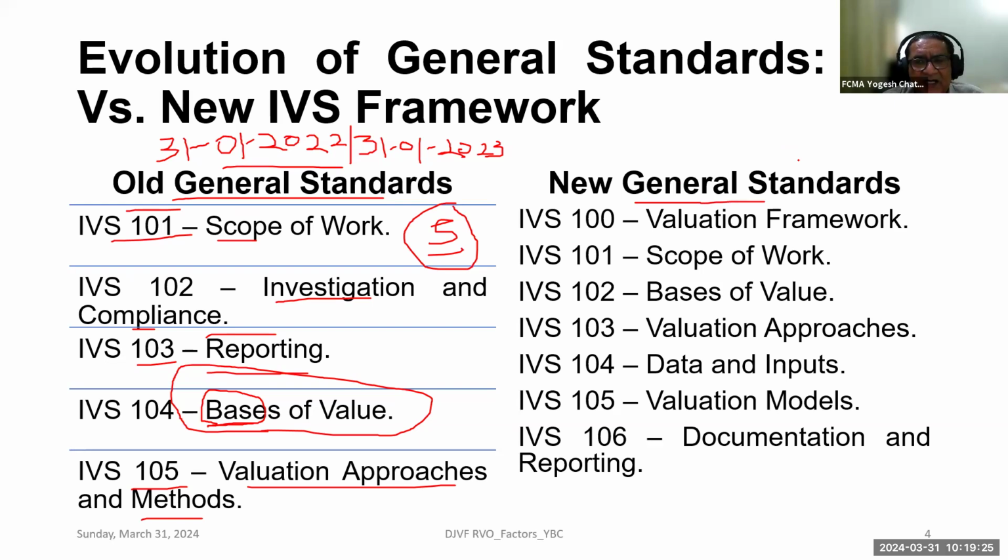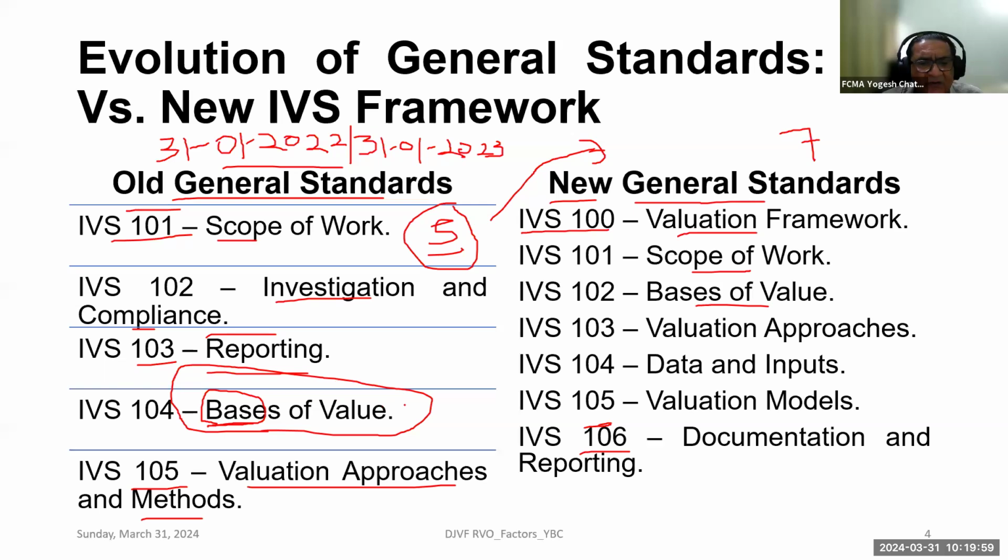In the new general standards, we have seven in number. So you will appreciate that there is an increase of two new general standards, from five to seven, and they are now renumbered from IVS 100 to IVS 106. So a valuation framework, a scope of work, basis of value.